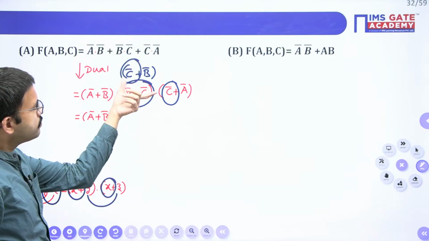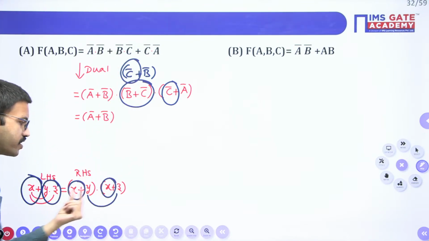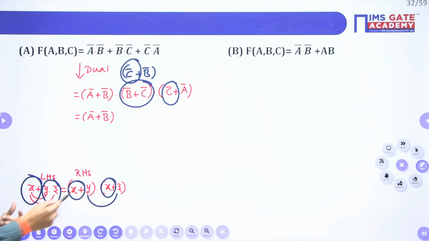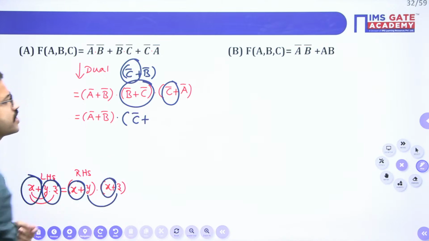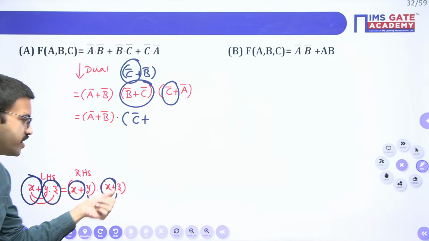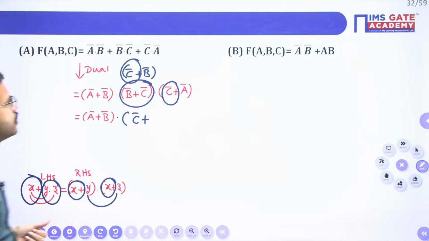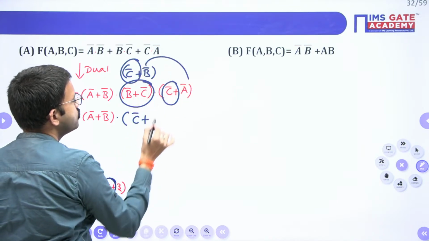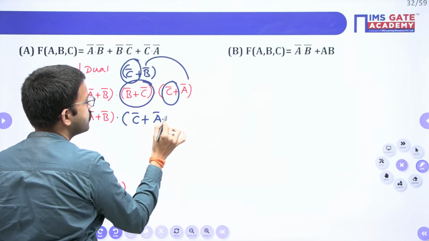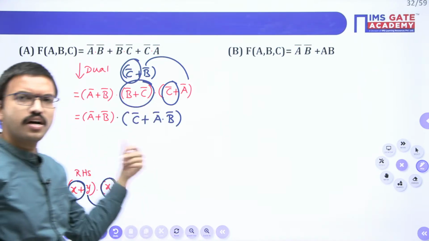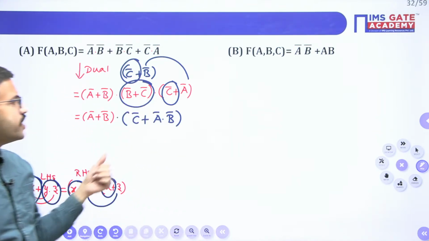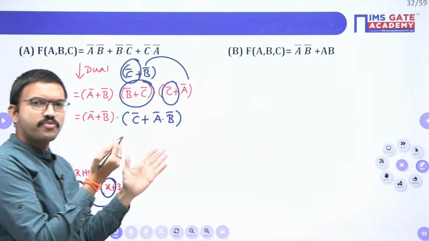So c bar plus is same in both the brackets, right? So you can copy c bar plus as it is. Now y into z we have done. In the same way here b bar into a bar, I am writing it as a bar into b bar, both are same, because logical AND and logical OR satisfy the commutative law. You can interchange the variables.